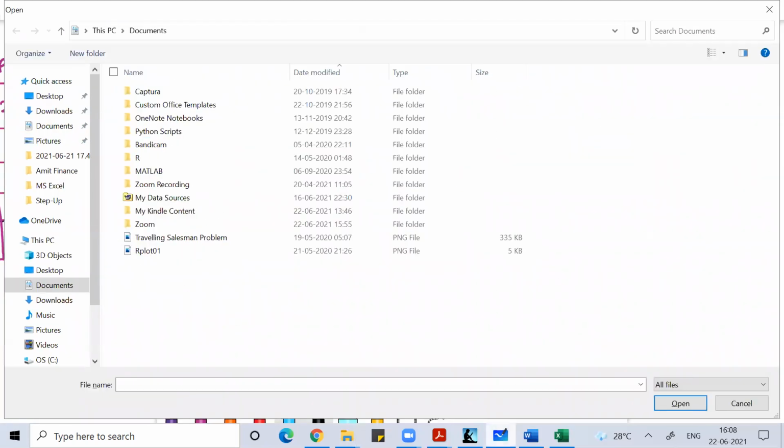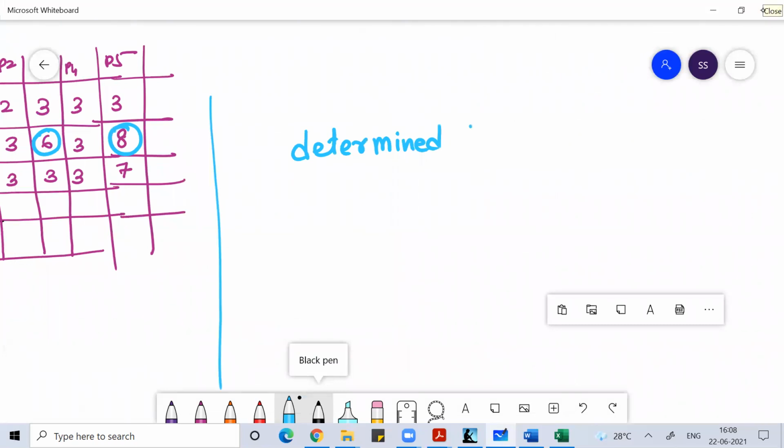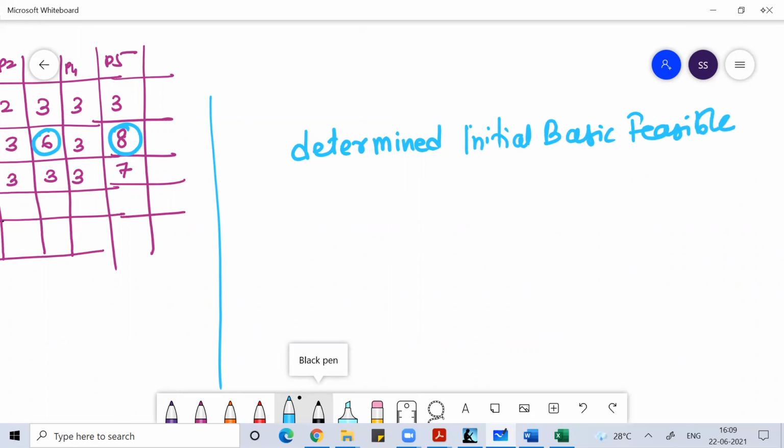We determined our initial basic feasible solution by the Vogel's approximation method.